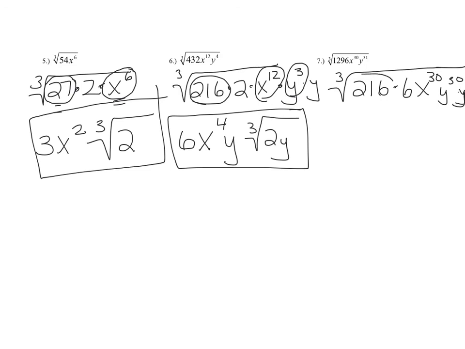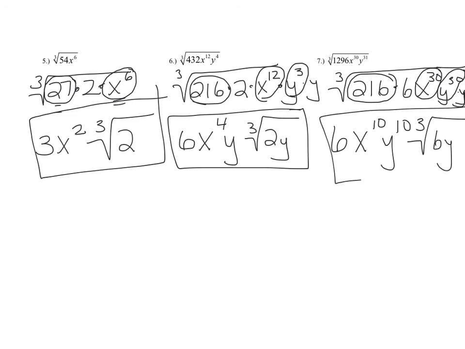And so then my perfect cubes here are 216, x to the 30th, y to the 30th, and we're going to pull those out. So the cube root of 216 is 6. The cube root of x to the 30th is x to the 10th. We're just dividing the exponents by 3. The cube root of y to the 30th is y to the 10th, and you're left with, on the inside, the cube root of 6y.